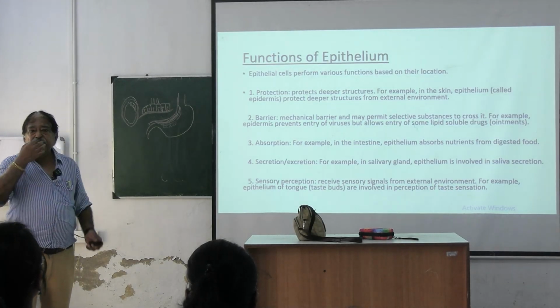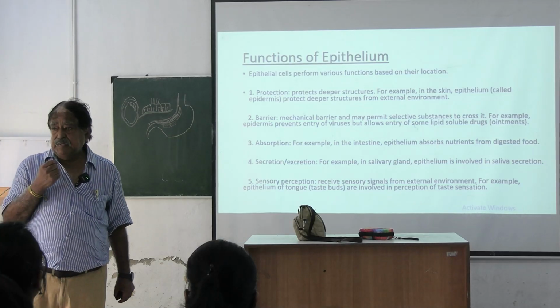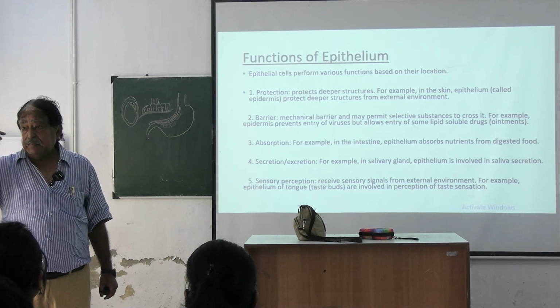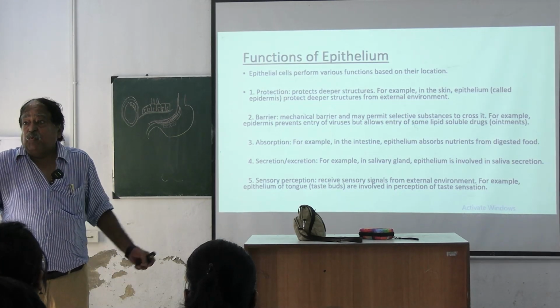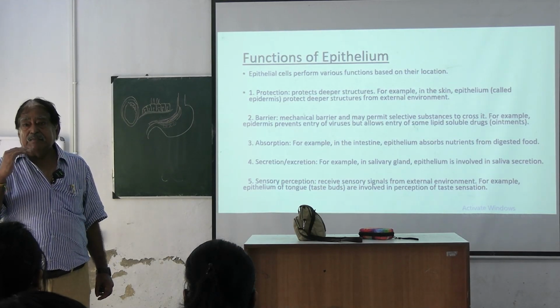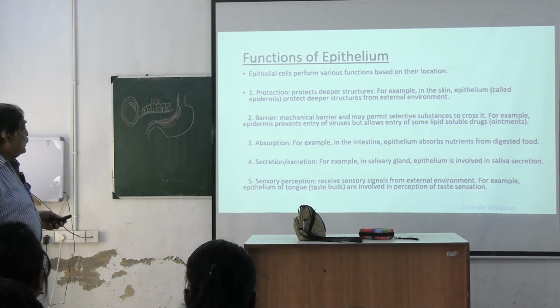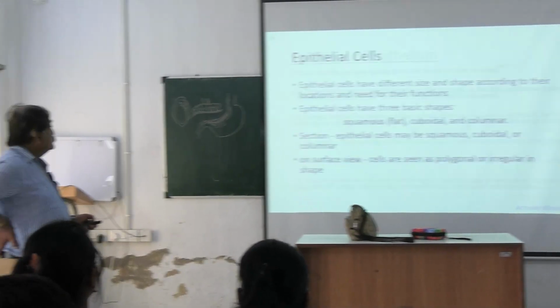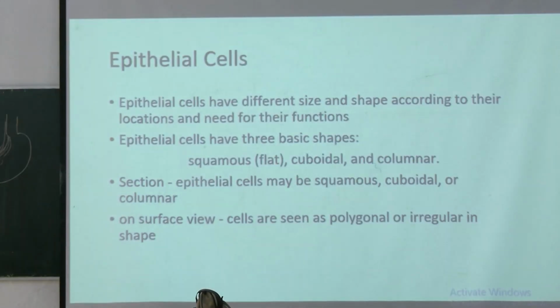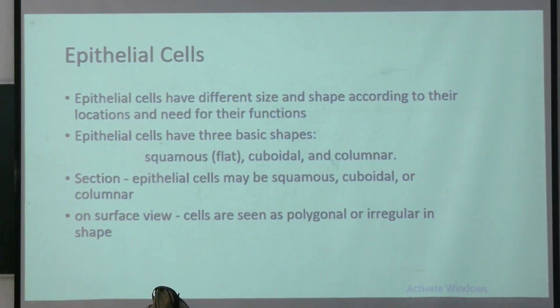For example, in the epithelium of the tongue, taste buds are involved in the perception of taste sensation. Now you just take any food, hot food. Suddenly you get, oof, hot! Now that is a perception imposed immediately. Epithelial cells have different sizes and shapes according to their location and need for their functions.